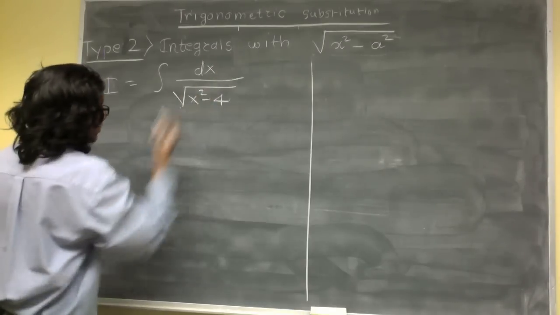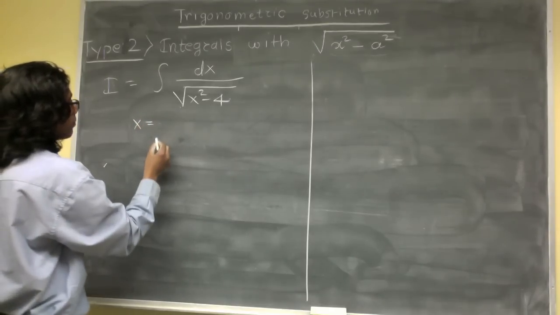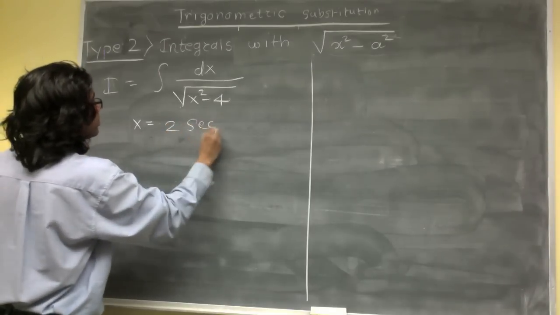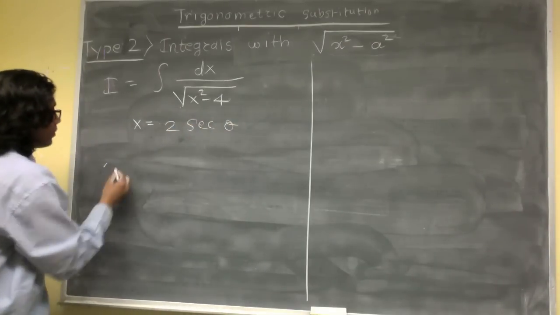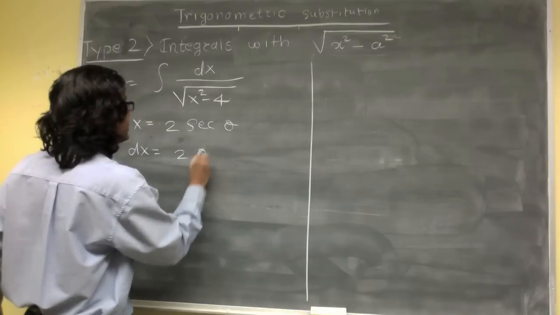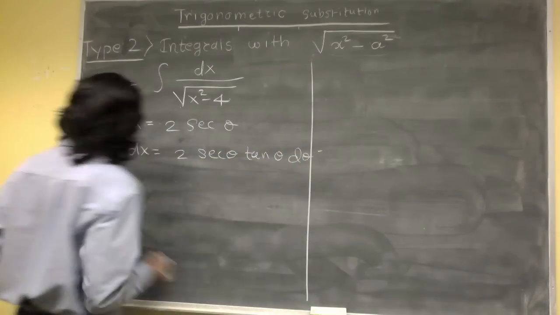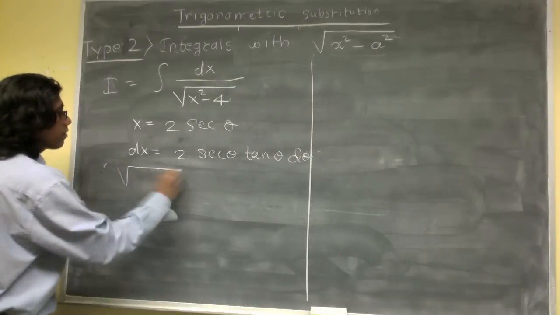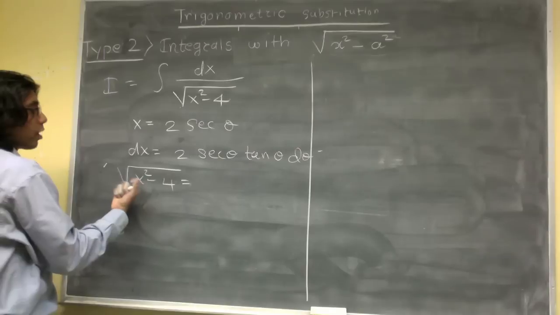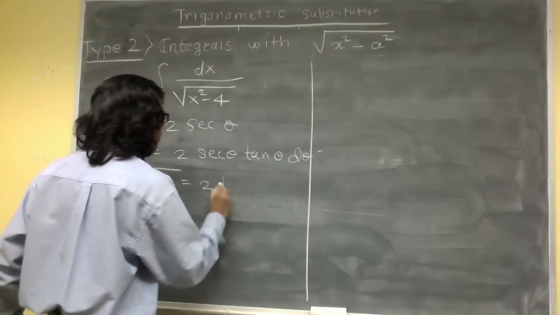So with our previous intuition we have x is equal to 2 times secant theta, and if you have this, then dx becomes 2 times secant theta tan theta d theta, and square root of x squared minus 4 becomes square root of 4 secant square minus 4, which is 2 times tan theta.